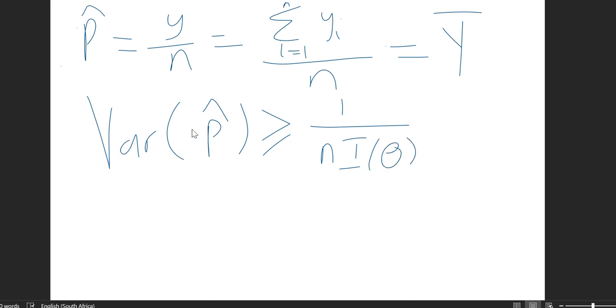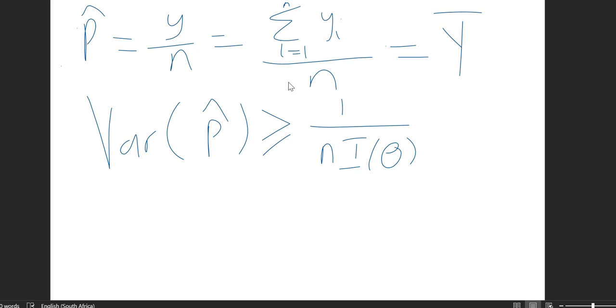If the variance of the MLE is equal to the asymptotic variance, then it is asymptotically efficient, and it's the minimum variance unbiased estimator.